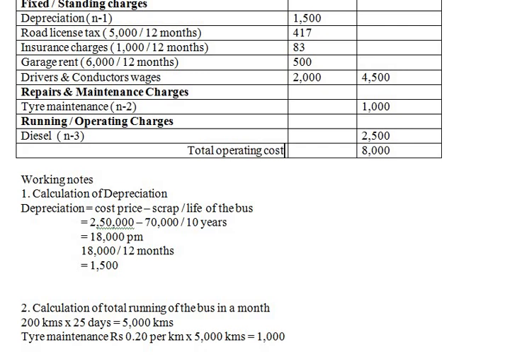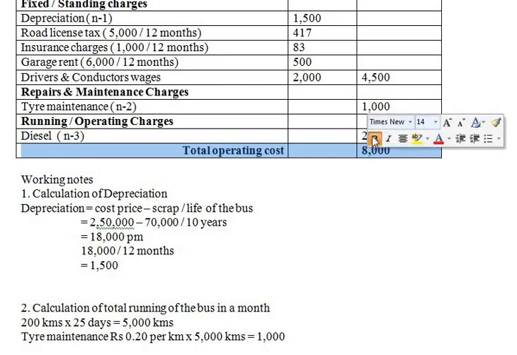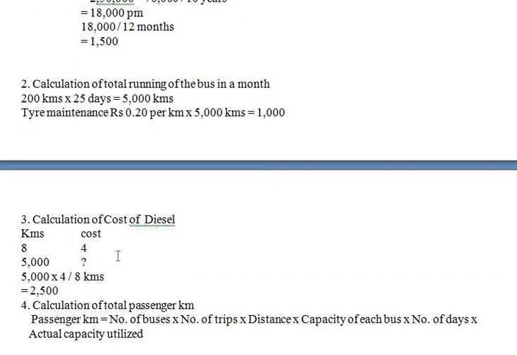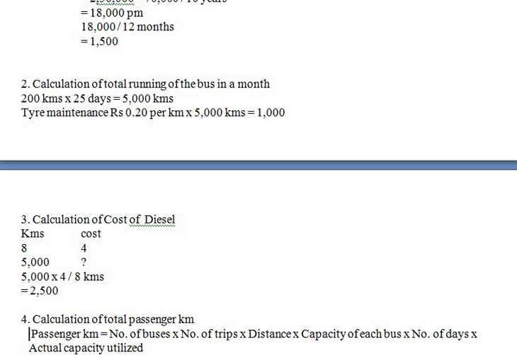They have asked us to find out total cost per passenger kilometer. So for that we need total operating cost and total passenger kilometer. Still we have not calculated total passenger kilometer, so first we will calculate that.